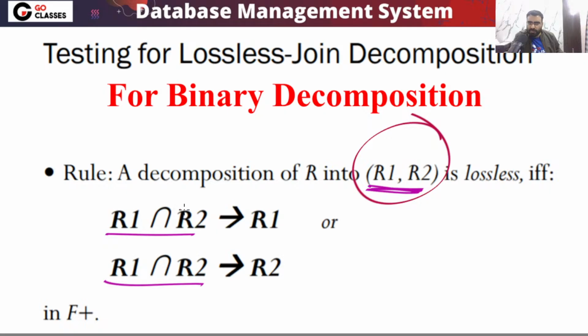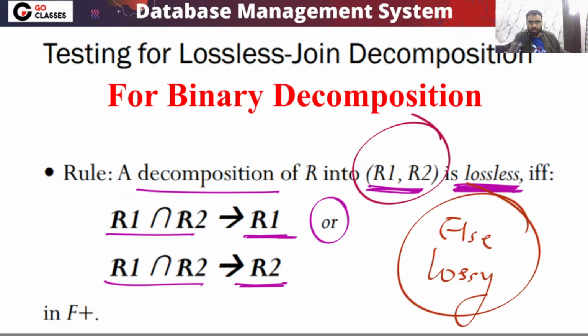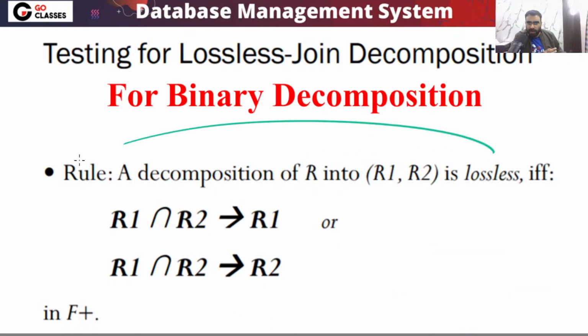So this must be able to determine R1 or this must be able to determine R2. In this situation, we will say that our decomposition is lossless, otherwise our decomposition will be lossy. This is the method to find whether a binary decomposition is lossless or lossy.